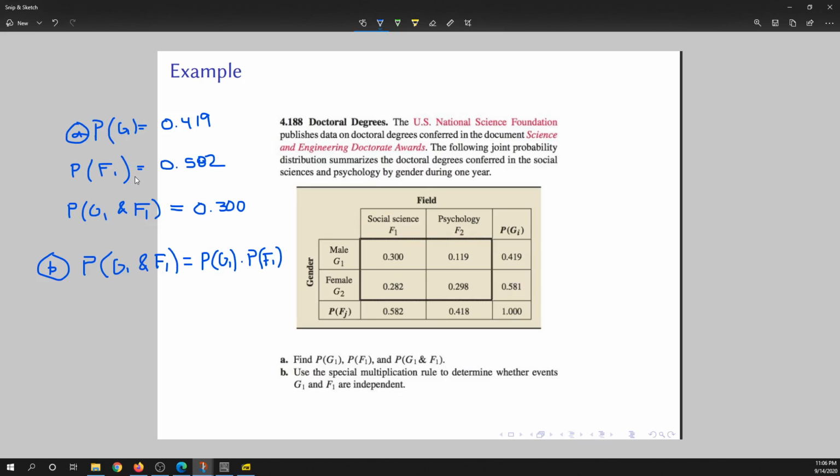We have all of these probabilities from part A. We know that the probability of G1 and F1 is 0.3. The probability of G1 we calculated to be 0.419, and the probability of F1 we calculated to be 0.582. If you multiply these out, you will get 0.244.